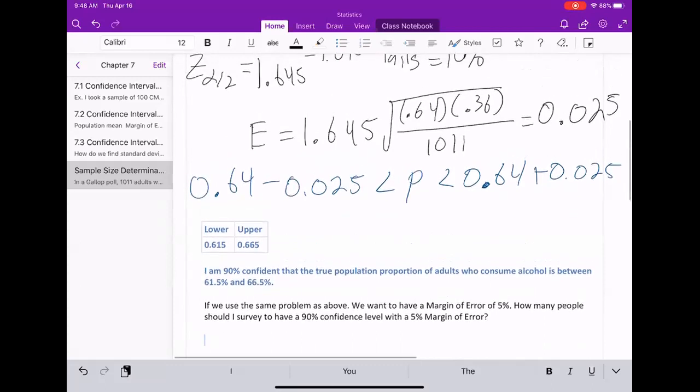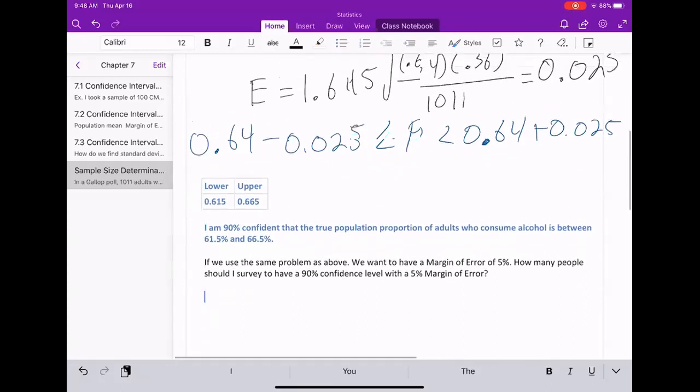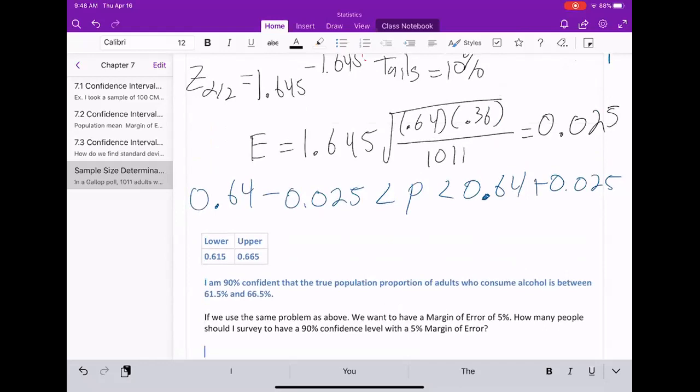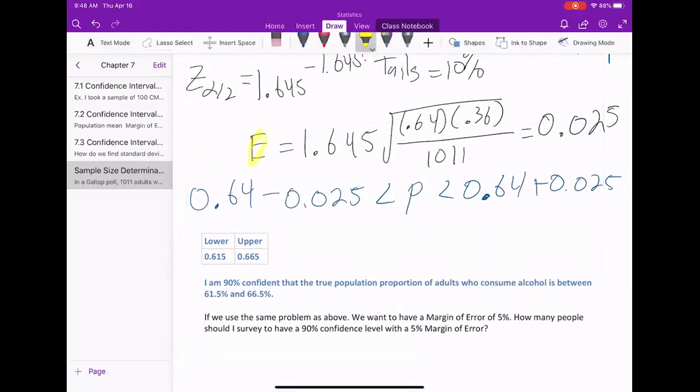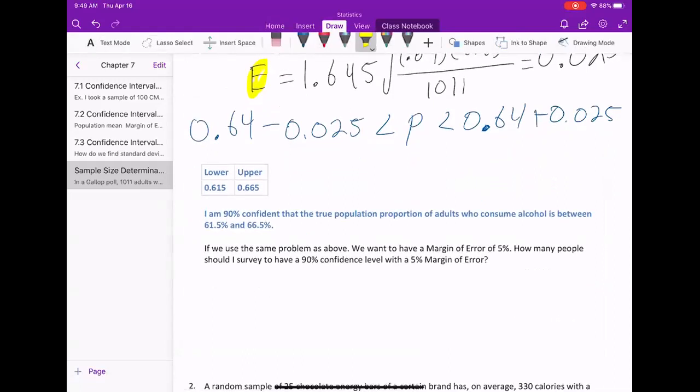What if I want to say, all right, I'm going to give myself a 5% margin of error. So you pick what margin of error you want. Remember, margin of error is the E. We calculated it before. Now we're going to pick it ahead of time. So I know I want my margin of error to be 5%, and I still want a confidence level of 90%.